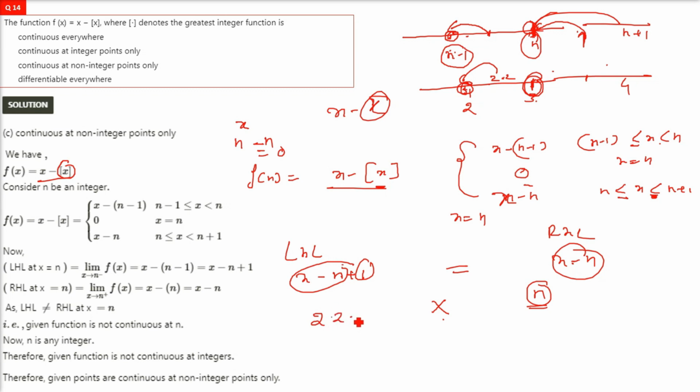Okay? So if you remove 2, 2.2 minus 2, you will get 0.2 here. On the right also, if you do this, you will get 0.2.